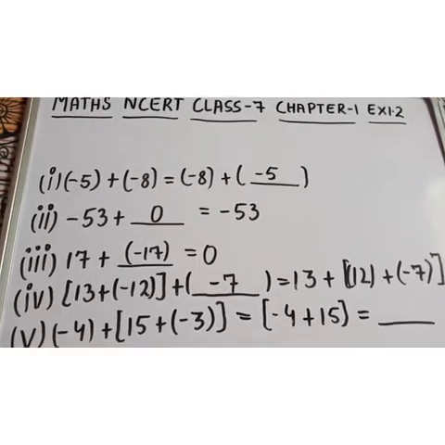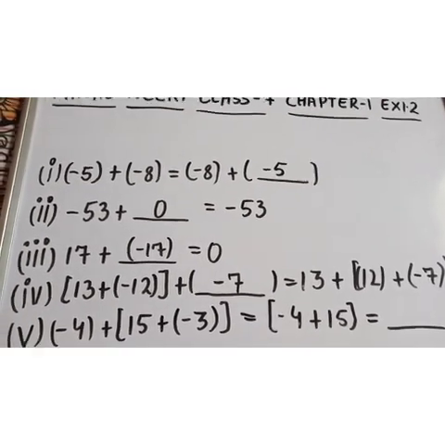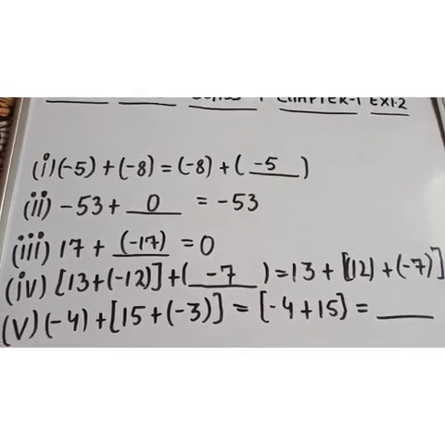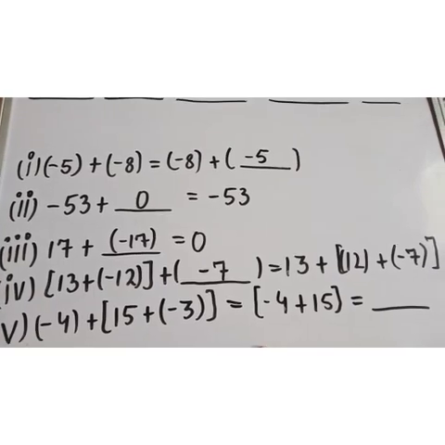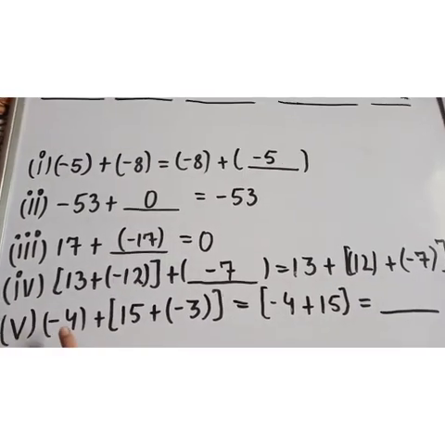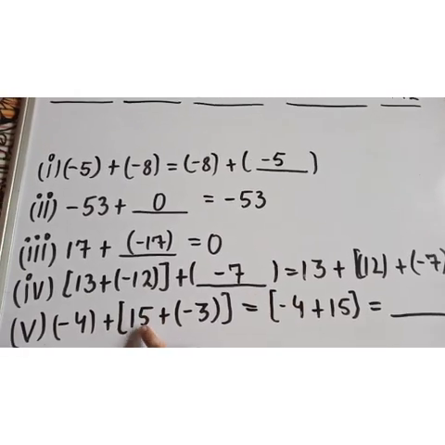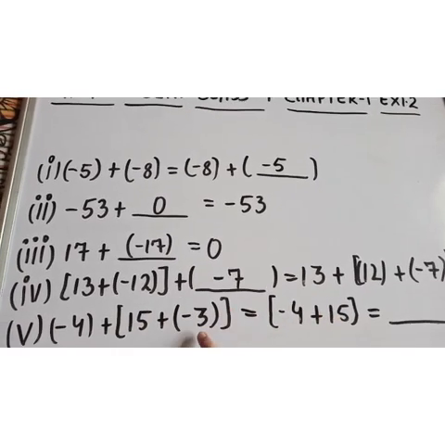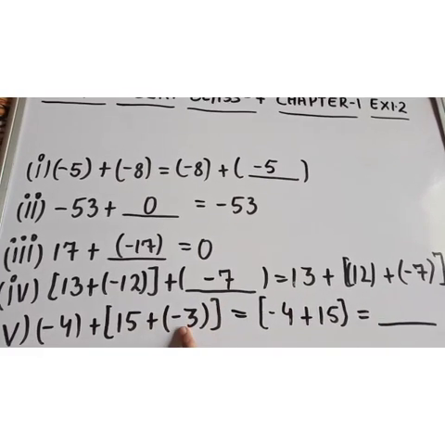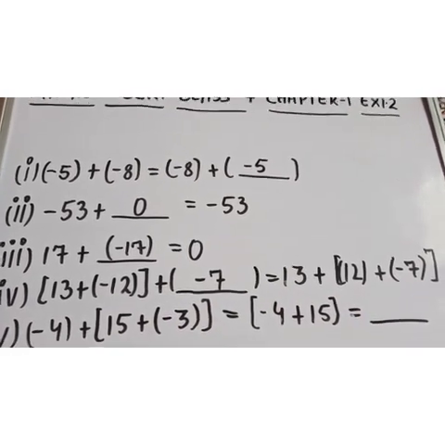So what I have told you just right now, that in these types of questions you have to check which number is missing. So here minus 4 is there, 15 is there, minus 3 is missing. So you will put minus 3 in the blank.